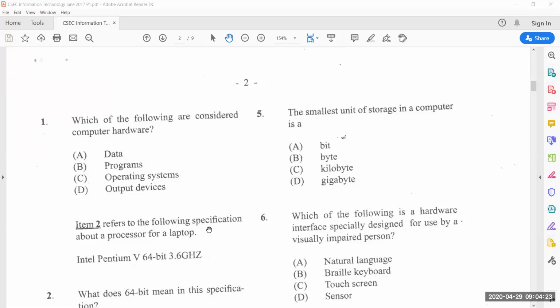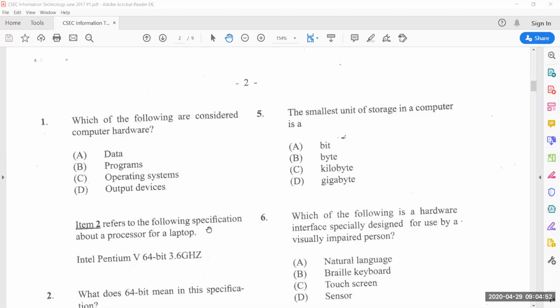Which of the following are considered computer hardware? You have data, programs, operating systems, and output devices. Yes, output devices. Remember, hardware is any part of the computer that you could touch, right?